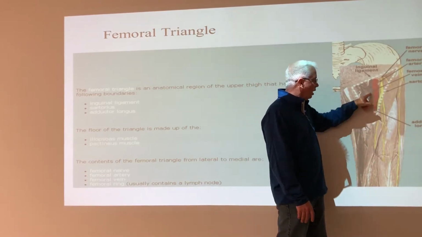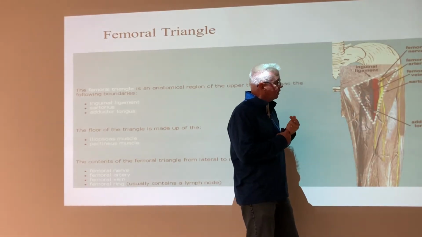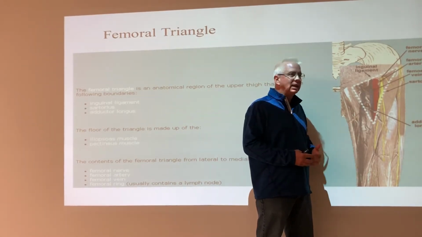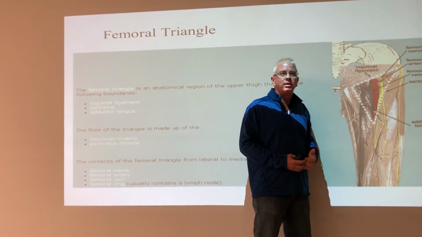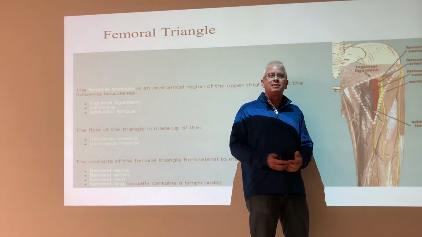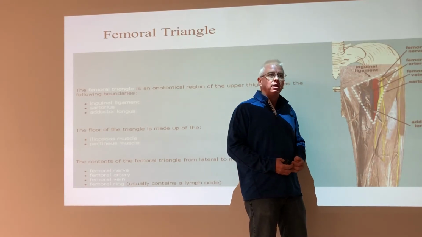Now, what's really interesting here is that nobody ever worries when they're doing procedures in the legs about messing with the function of the quadricep. And there's a really simple anatomical explanation for that.